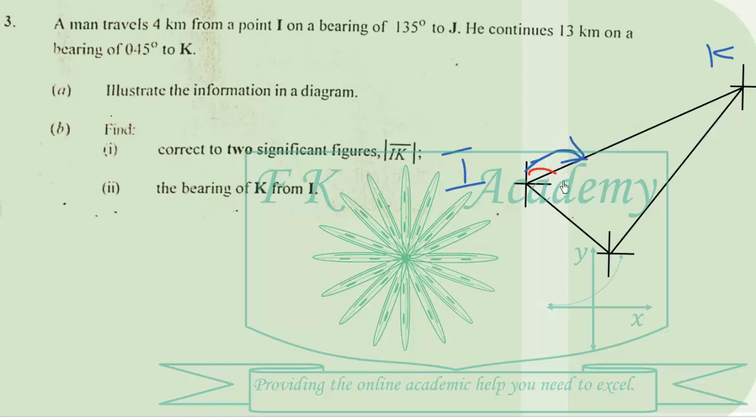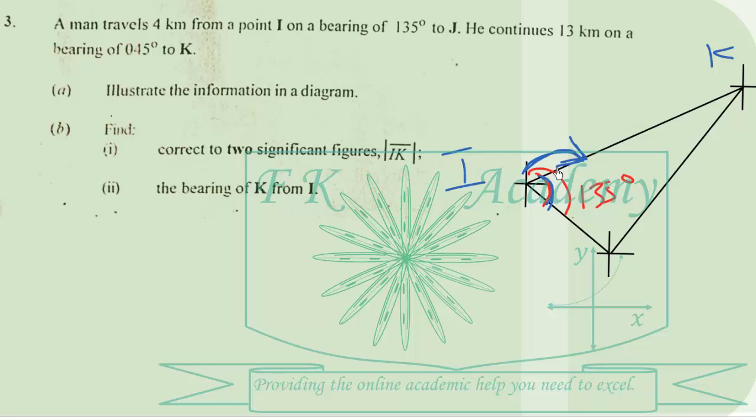The whole thing here is 135. So we need to find this small angle here and subtract it from 135 to get the bearing from I to K.